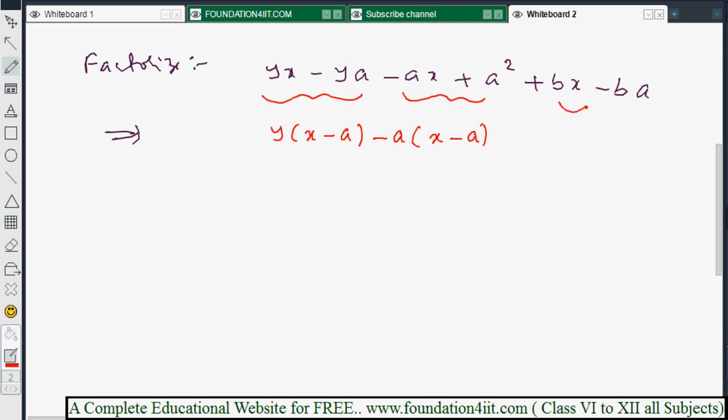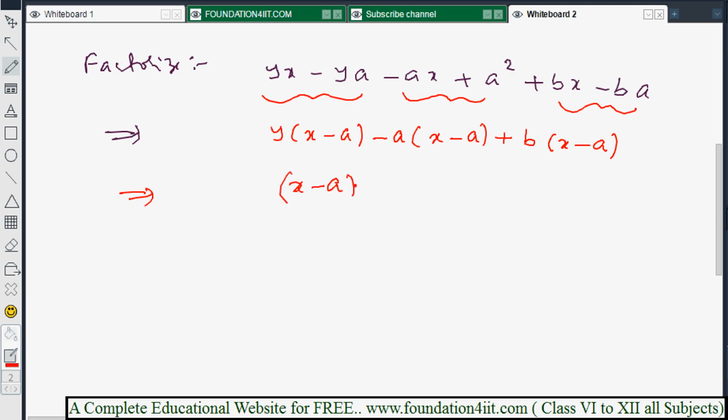Now from the last two terms, we can take plus b common: x minus a. If there are only 4 terms you try grouping. Here it is already in order. So within the brackets the factors are y into x minus a, minus a into x minus a, and b into x minus a. So it's easy. Now finally x minus a can be taken common.